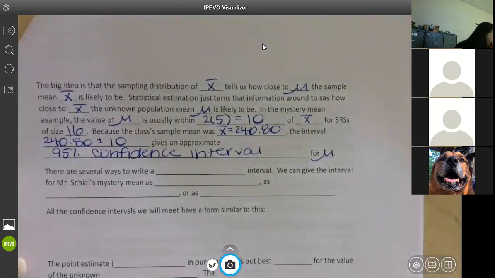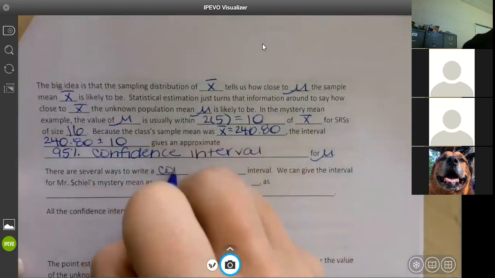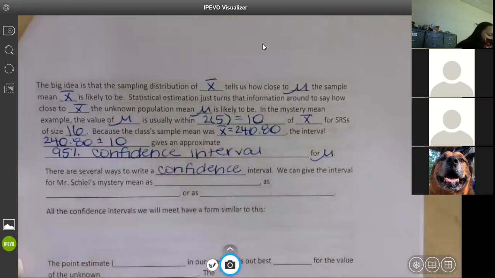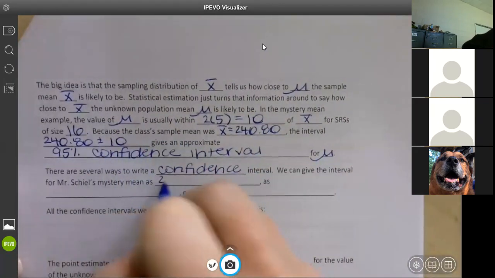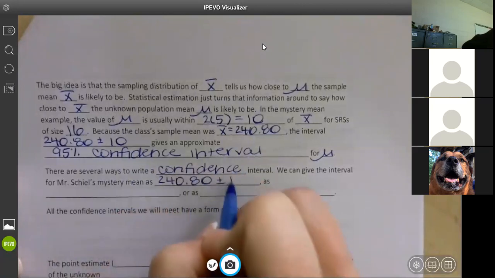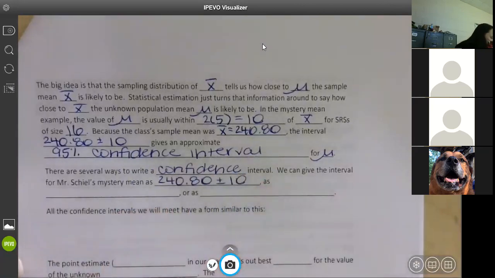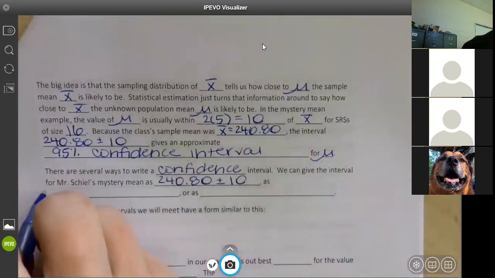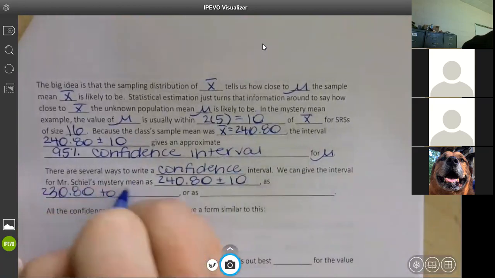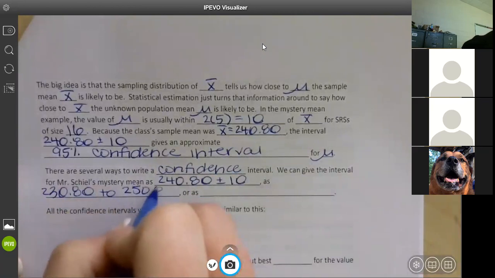So there are several ways to write a confidence interval. We can give the interval for Mr. Schill's mystery mean as what we just wrote, 240.80 plus or minus 10, as 230.80 to 250.80.